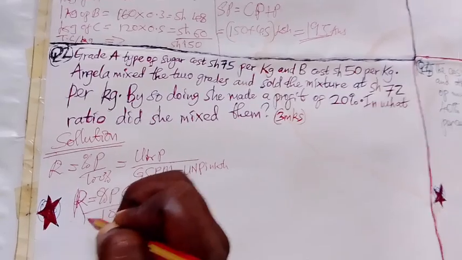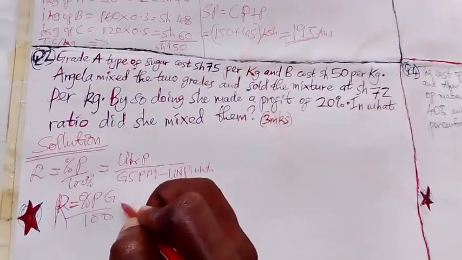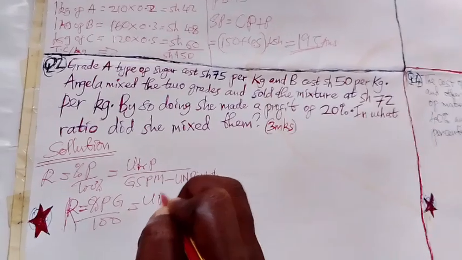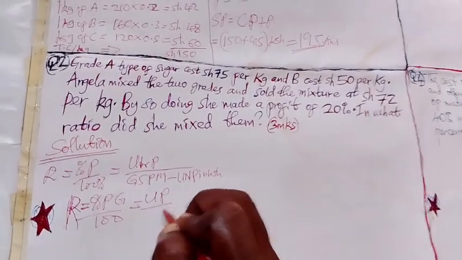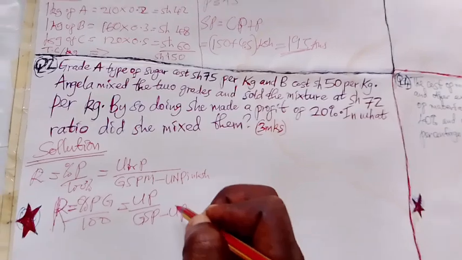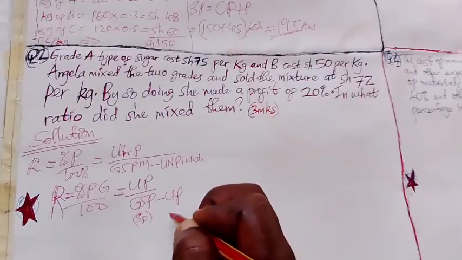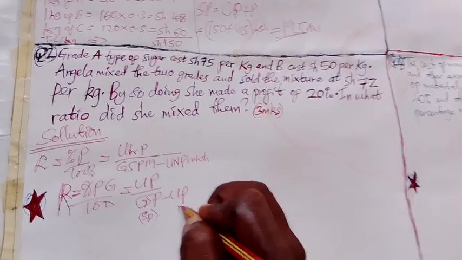Remember, this is R over 100 is equal to UP over GSP minus UP, where this is selling price and this is profit.